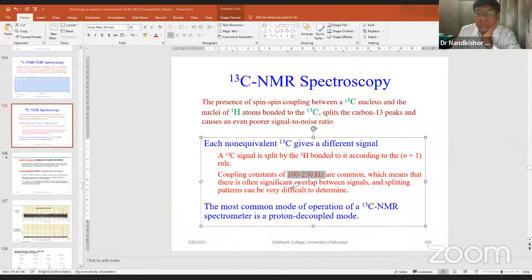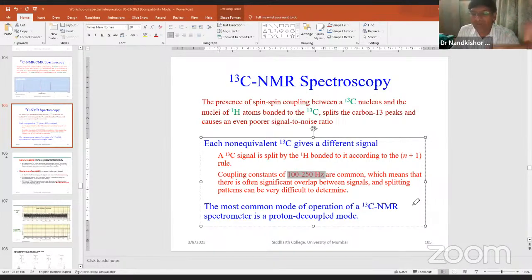Now, why is it so? In proton magnetic resonance, suppose I am using a 400 megahertz instrument. If I switch from proton to C13, the frequency required will be 4 times less.